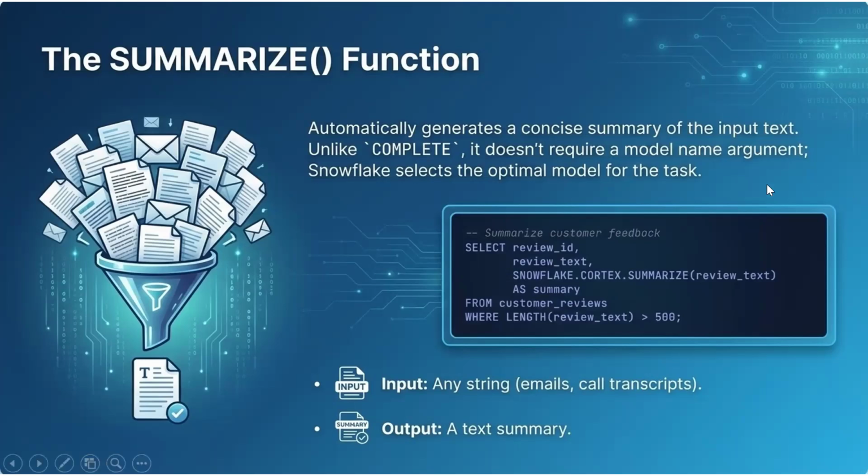For example, where the length is greater than 500 characters, it will try to reduce it. The customer feedback is summarized as a separate column. The review text is the actual one and this is the summary it generates.